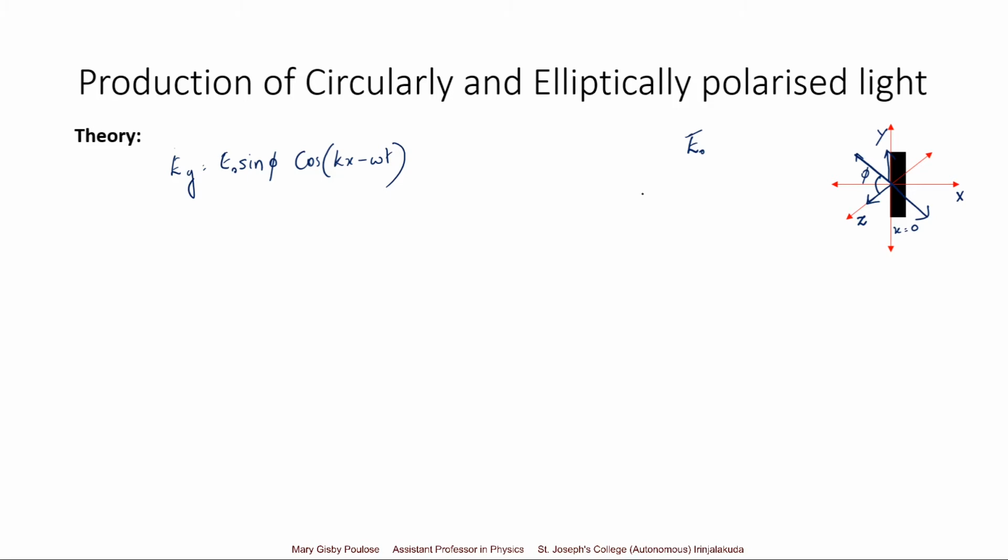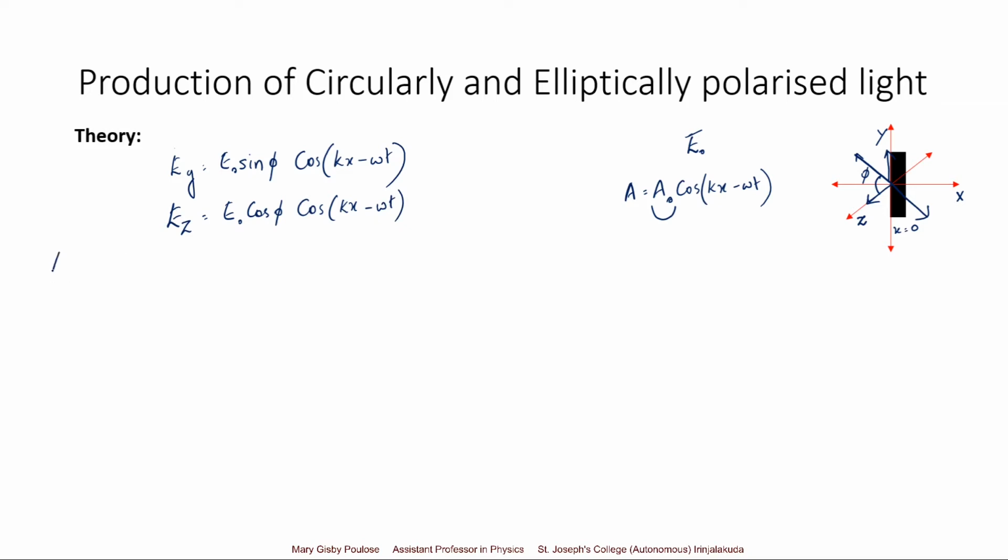The general expression is usually given as A equals A naught, a harmonic function, cos of (kx minus omega t). So here, in place of the amplitude A naught, we have used the amplitude along the y-axis, that is E naught sine phi, times cos (kx minus omega t). And the component Ez can be written as E naught cos phi cos (kx minus omega t).